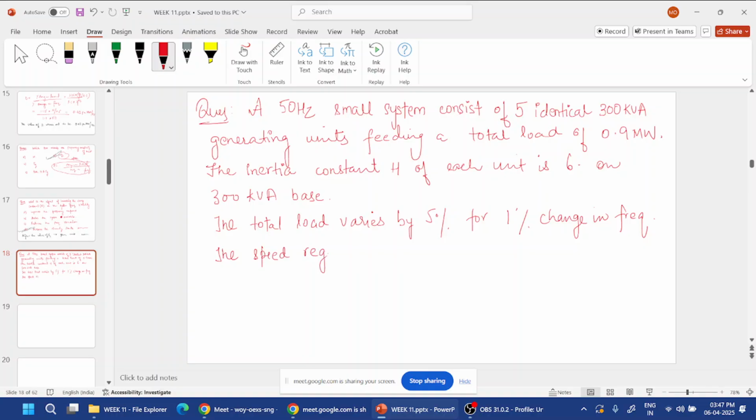Speed regulation characteristic is 1 Hz per unit megawatt.